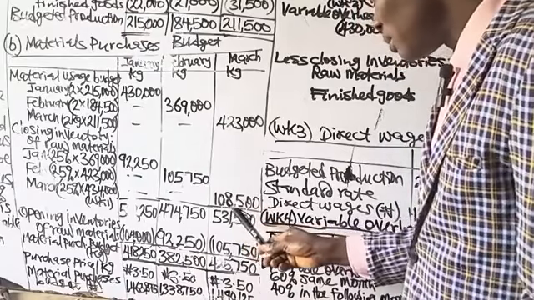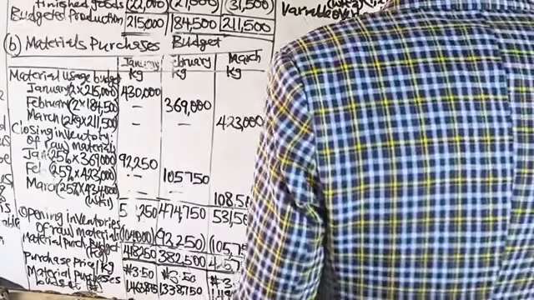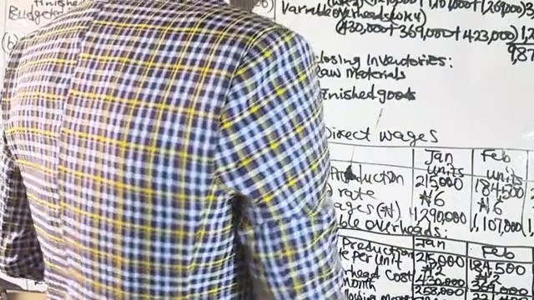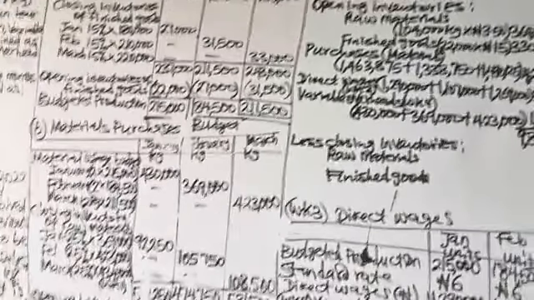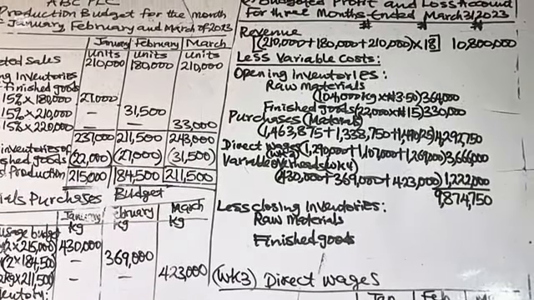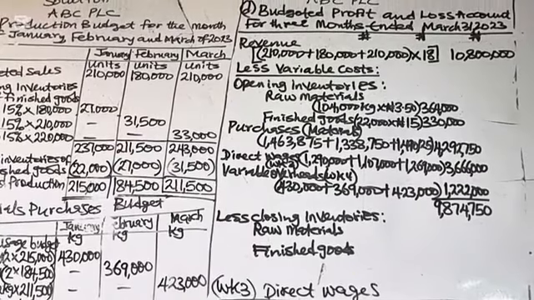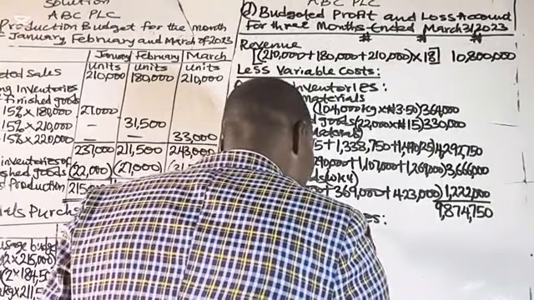So 108,500 will be used as closing inventories of raw materials. Now, let's include that in our budgeted profit or loss. 108,500.